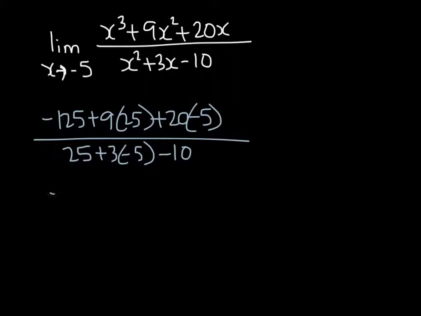And we end up with a 0 over 0. Bad. This means that we'll have to try something else. Let's try to factor this.